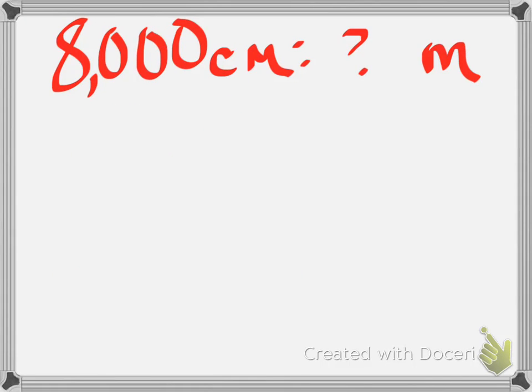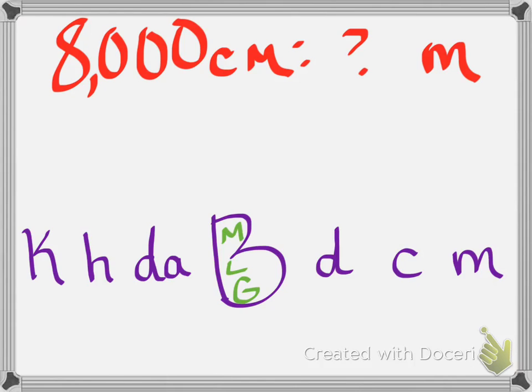Okay, let's go ahead and quickly review how to convert within the metric system. We are going to convert 8,000 centimeters to however many meters. The first thing you need to do is write Kernersville has dangerous ballet dancers carrying monkeys. Then we need to go ahead and identify that we are dealing with meters and circle the meters, and then add the meters onto the centi so it makes centimeters.